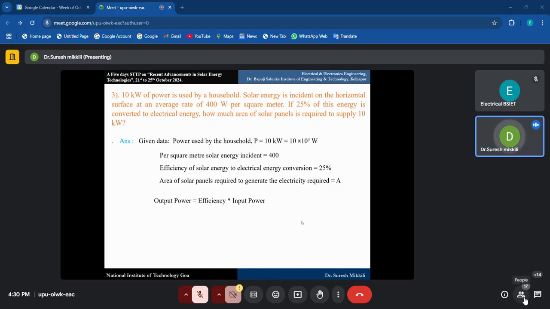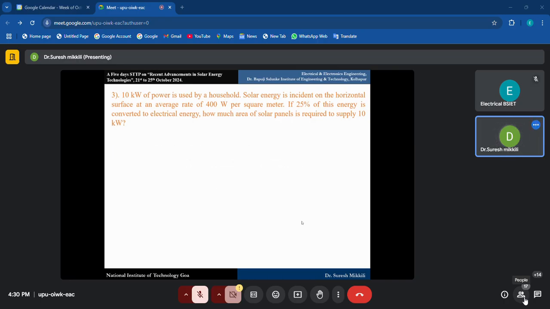It is a basic question. If you want to build 10 kilowatt power at your home, one panel gives 400 watt per meter square, and efficiency is 25%.